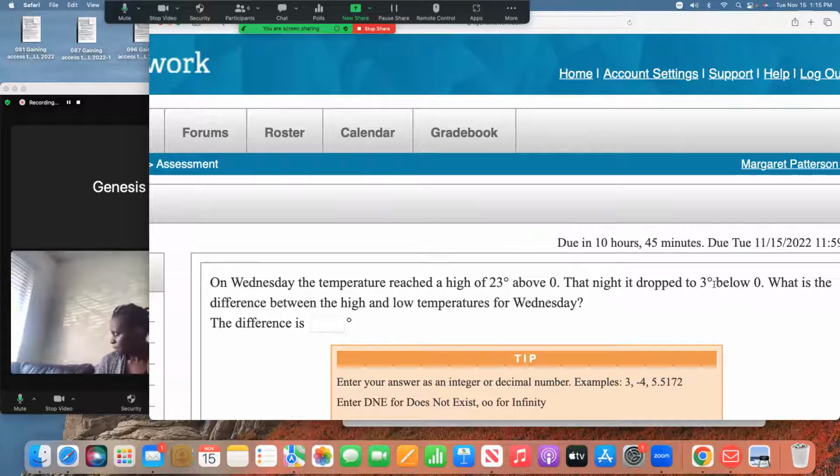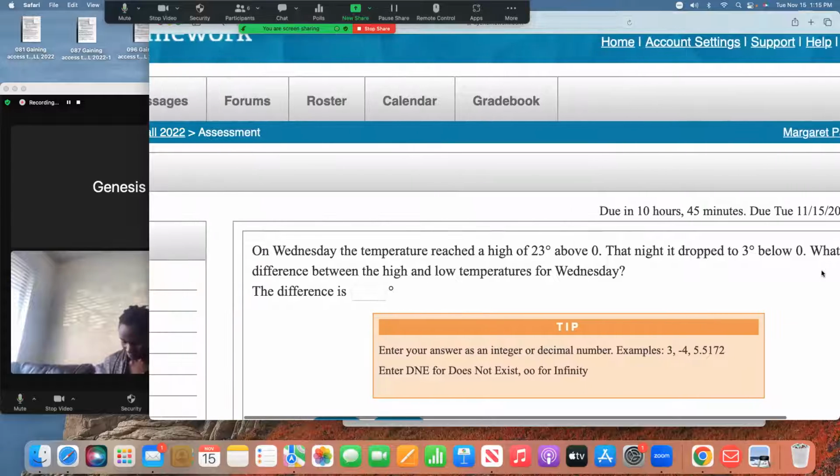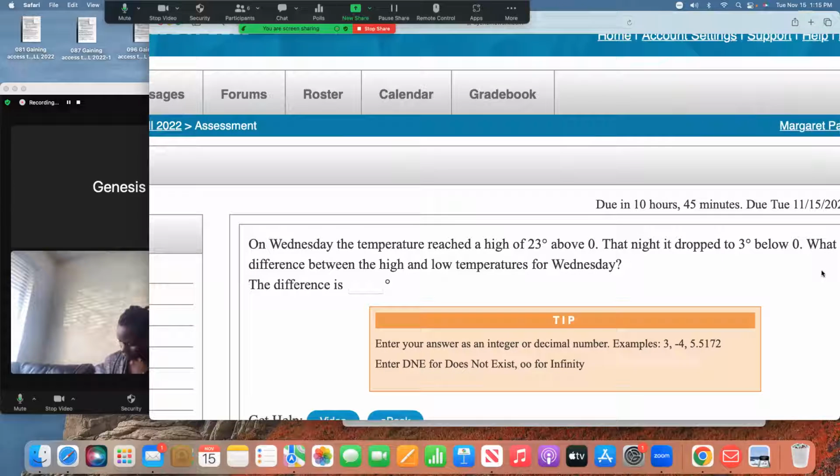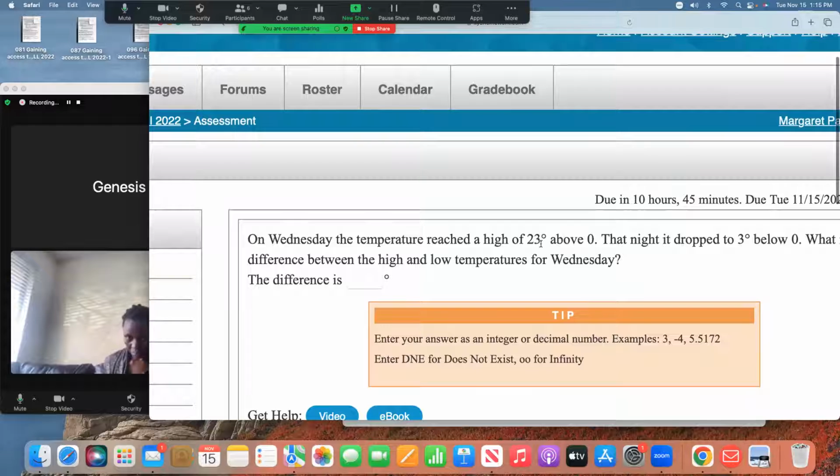So be careful about this sentence. That night, it dropped to 3 degrees below zero. So it's at -3. What is the difference? I don't know where this was. I guess maybe it's a reasonable thing. It was below zero to start with, or below freezing, and then it dropped below zero.